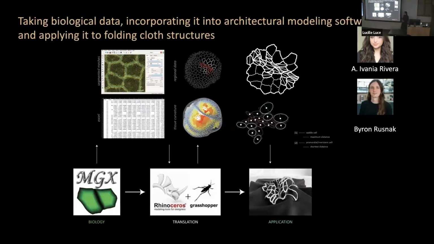So we take the data, we analyze it in our morphographics image analysis pipeline. That gives us a computerized mesh, or like the structure of the cells, and we can segment the cells and detect each cell. It also gives us a whole ton of data about where these cells are and what they're doing. Then we put that into the architectural software called Rhino and Grasshopper.